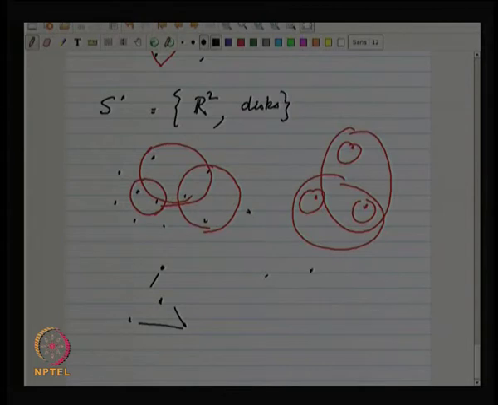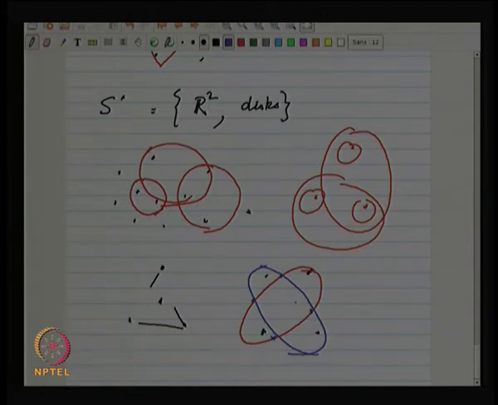Then with these 4 points, I want to include these 2 points and not the other 2, and in other cases include these 2 but not the other 2. If that were so, I would have 4 intersections, which is not possible. So the VC dimension of this range space is 3.